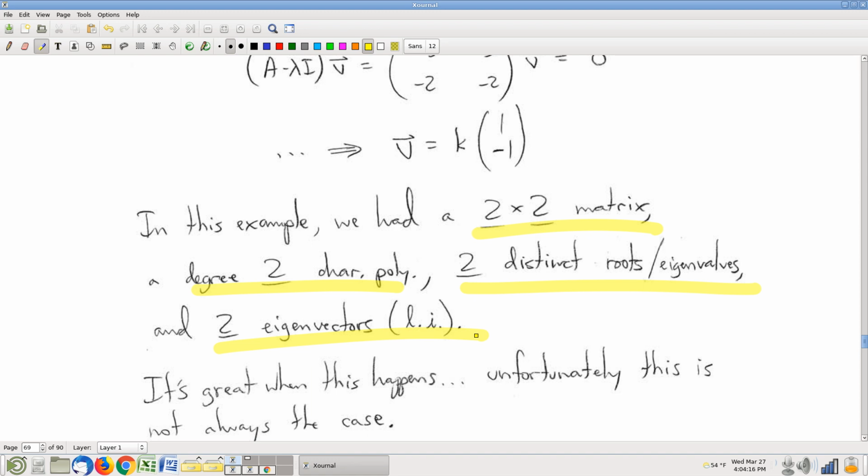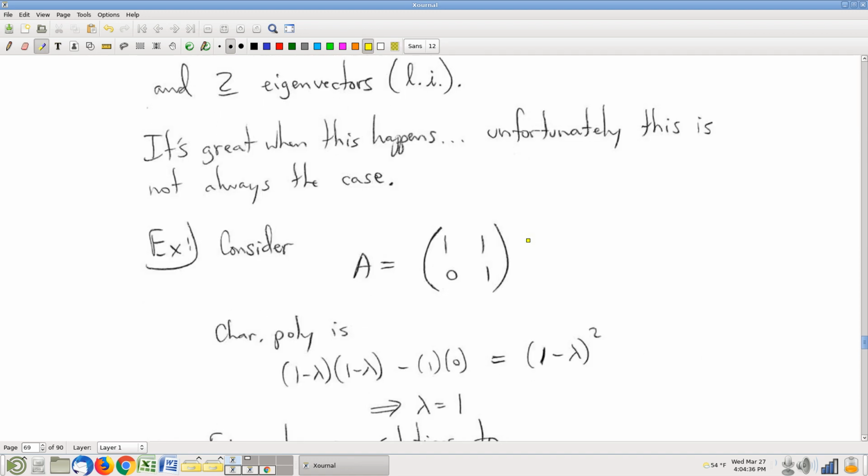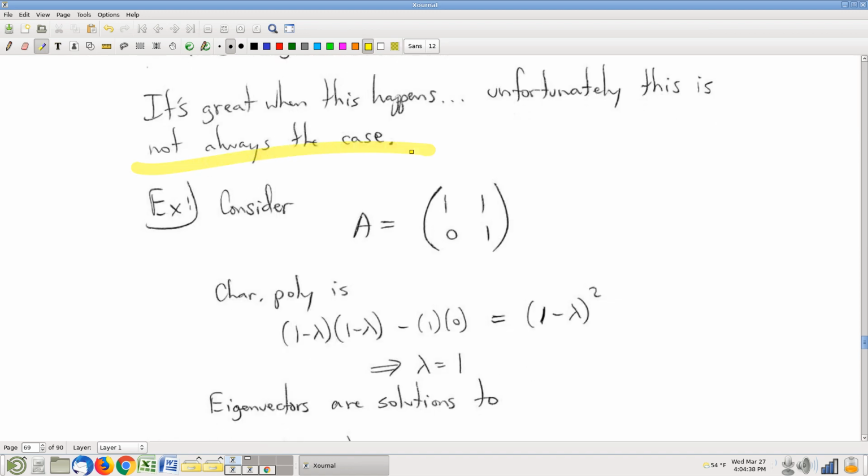The reason I'm making a big deal out of this is so that you will not buy into that. This is an illusion. This is a coincidence that happened in this case, and it's not a rare coincidence. This will happen very often. But unlike in Chapter 4, where everything just worked out, not so when you're talking about matrices and eigenvectors. And I wish it were, but it just isn't.